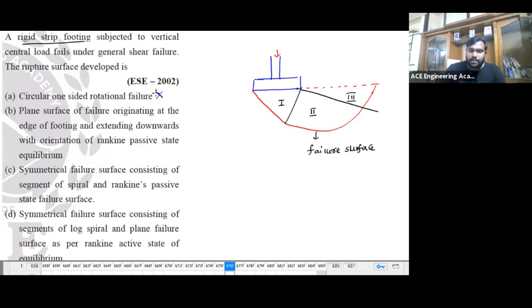Okay. Circular one-sided rotation failure. No, it's not circular. Plane surface of failure originating at the edge of the footing and extending downwards with the orientation of Rankine's passive state equilibrium. Symmetrical failure surface consisting of a segment of spiral and Rankine. So it's symmetrical, right? You observe on both sides, you can see it's a symmetrical one.